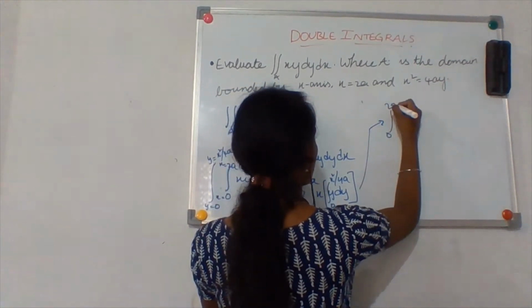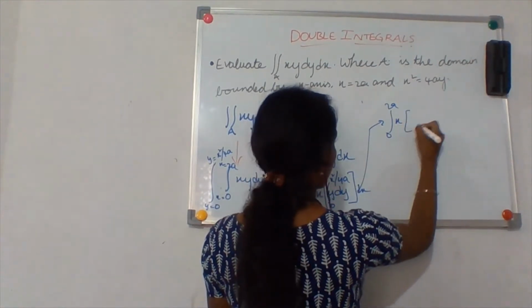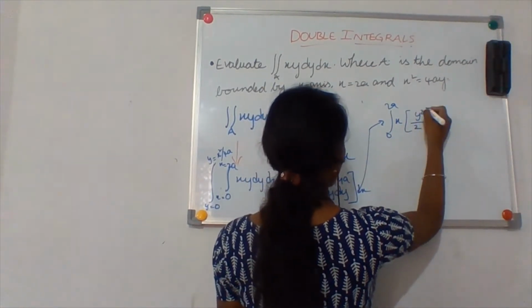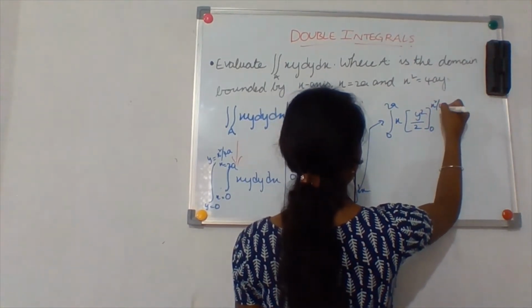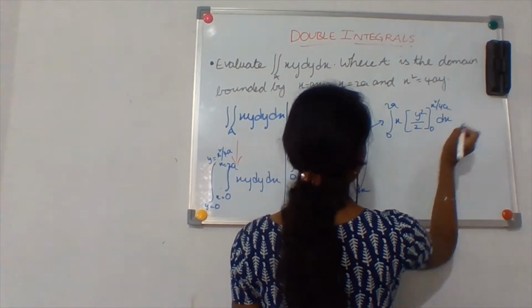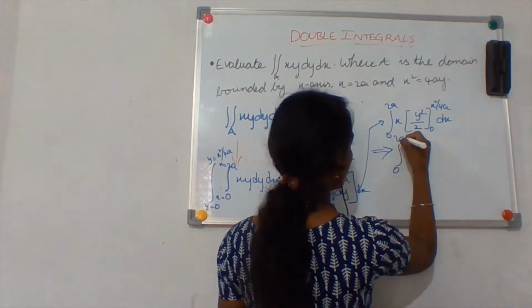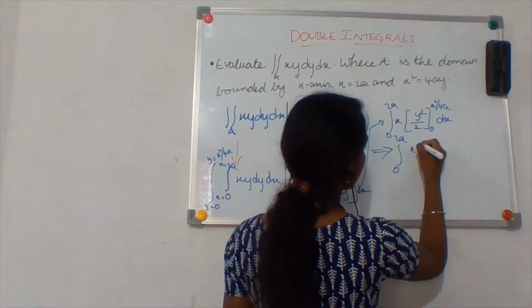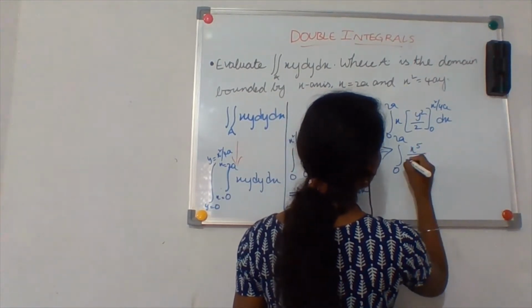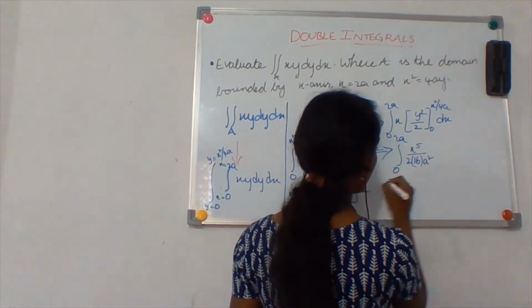Integral from 0 to 2a of x into y square by 2, with y from 0 to x square by 4a, dx. So that implies the integral from x equals 0 to 2a of x power 5 by 2 into 16 a square.